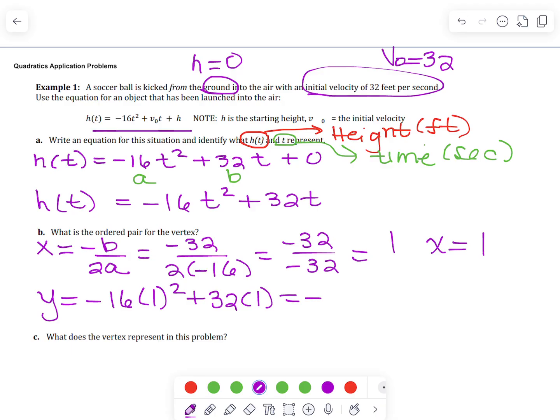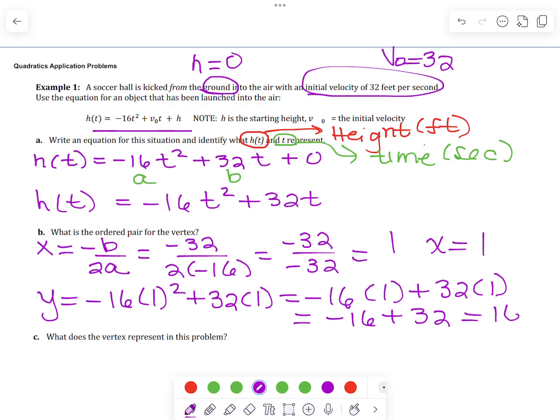We get negative 16 times 1 plus 32 times 1. Negative 16 times 1 is negative 16. 32 times 1 is 32. And we get 16. So the ordered pair for the vertex is (1, 16).